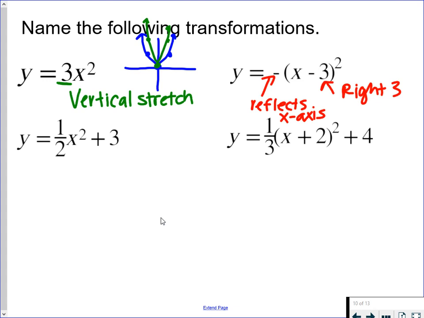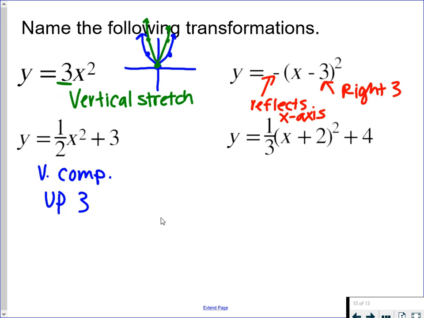Okay. What about this one down here? Who's got that one? Yeah. Vertical compression. What else? Moving up by 3. Up 3. Okay. So that 3 is outside of the parentheses. It's moving up 3. Good job.